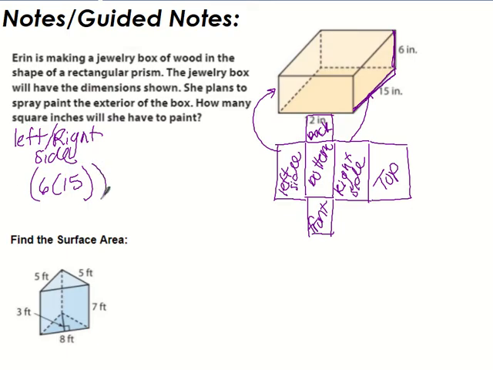But then we're going to times that by 2 because there's 2 of them. All right, the left and the right together. So 15 times 6 is 90. But there's a left and a right, 2 of them. So that gets us 180.